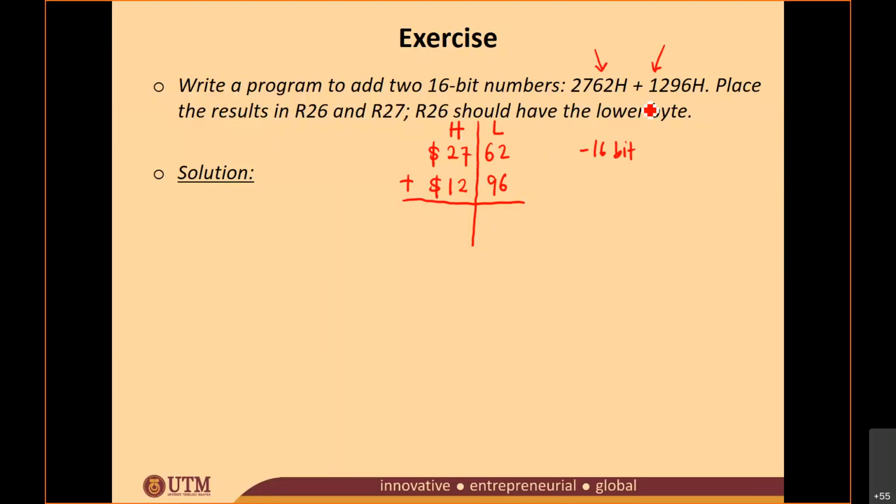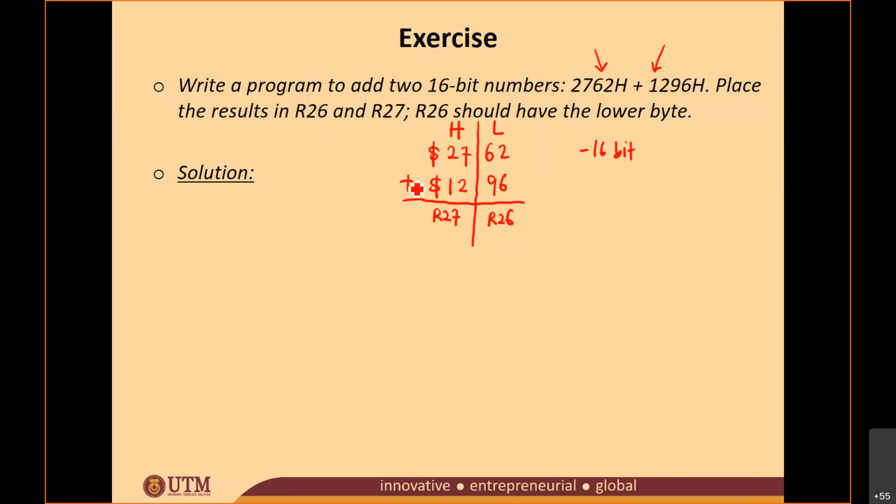And it says that the result of the addition will be placed at R26 and R27, and it tells you that R27 should have the lower byte. So R26 here, and this is R27. R26 low byte, R27 high byte.